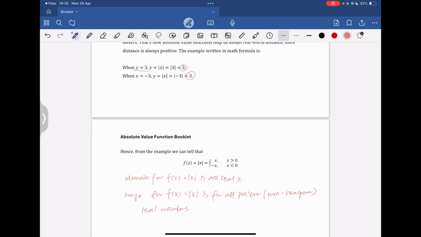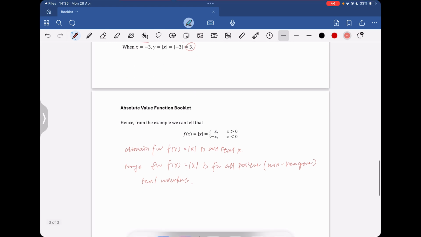So when we graph this function, its shape looks like a V. Remember, this is a very important feature of absolute value functions. So, any questions so far? If we don't have any questions, let's move on to the booklet.